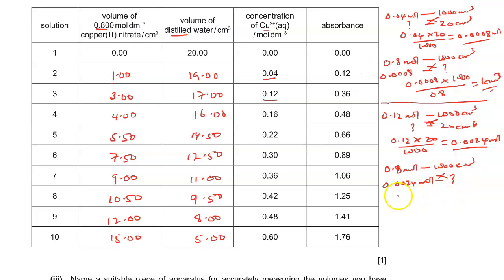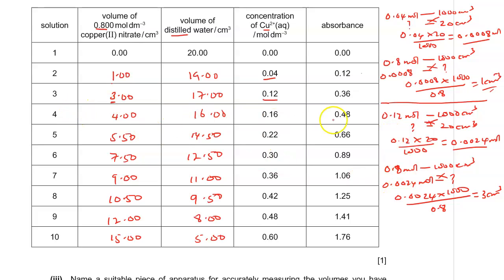So we cross multiply 0.0024 times 1,000 divided by 0.8, and when you work out this, you'll find this is going to be equal to 3 centimeters cubed, what we have here. And since the copper nitrate is 3 centimeters cubed, then you'll need to add 17 centimeters cubed of distilled water to get 20.